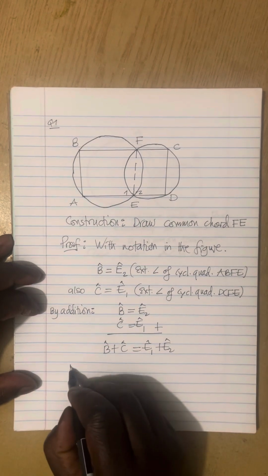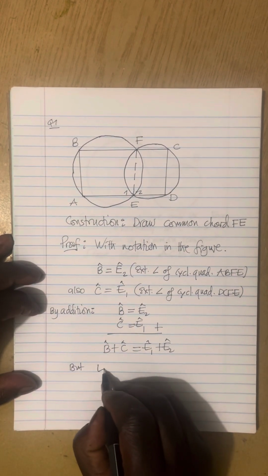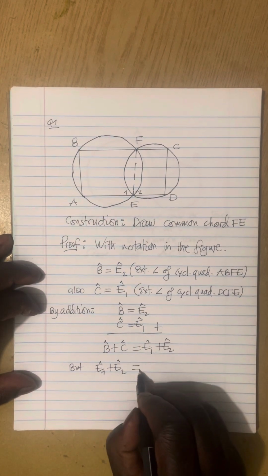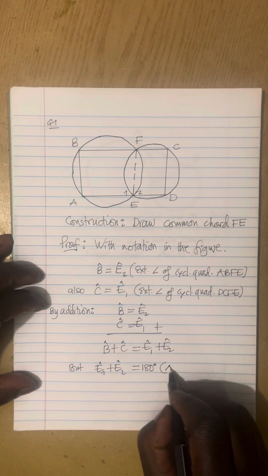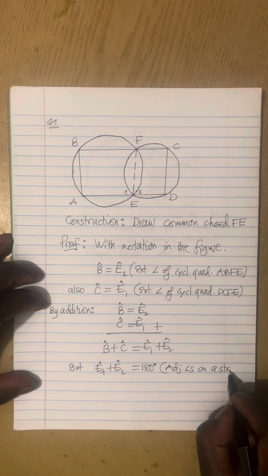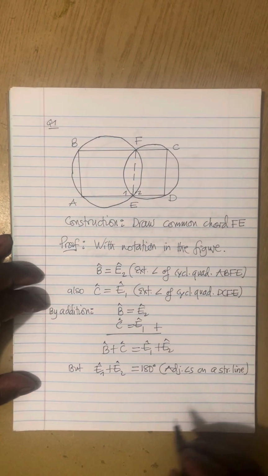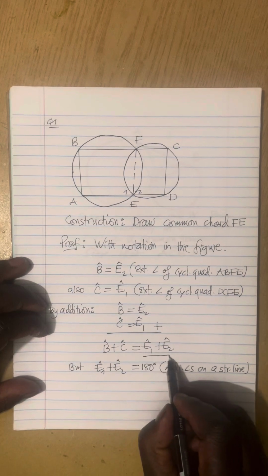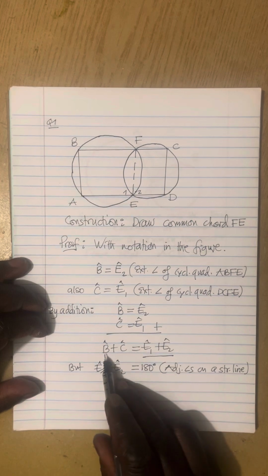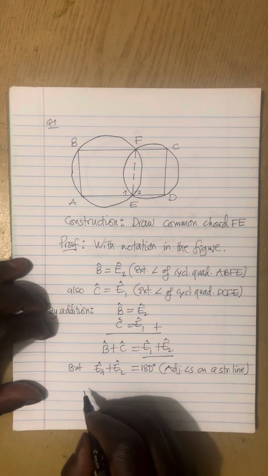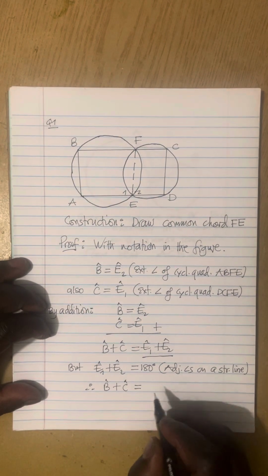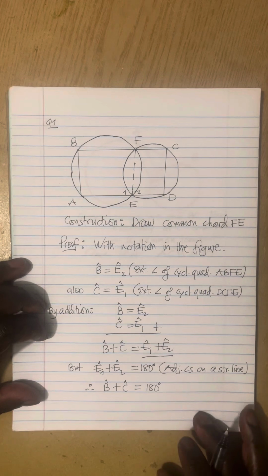That means we can say, but E1 plus E2, these must add up to 180 because they are adjacent angles on a straight line. Now, if E1 plus E2 is equal to 180, therefore, surely angle B plus angle C should also be equal to 180 degrees.